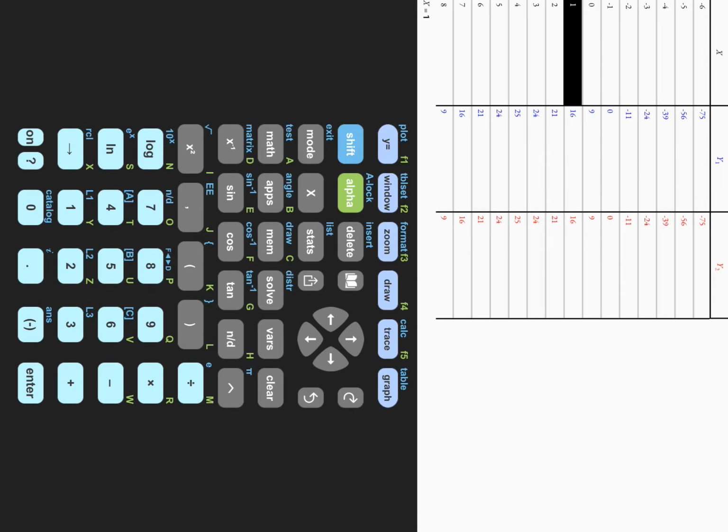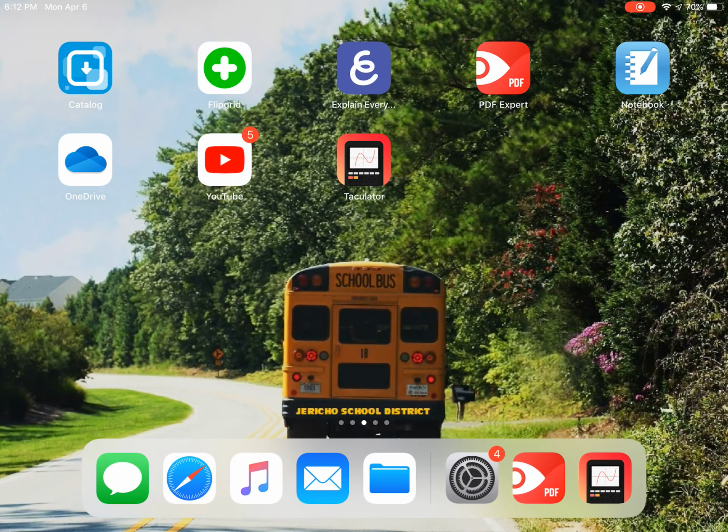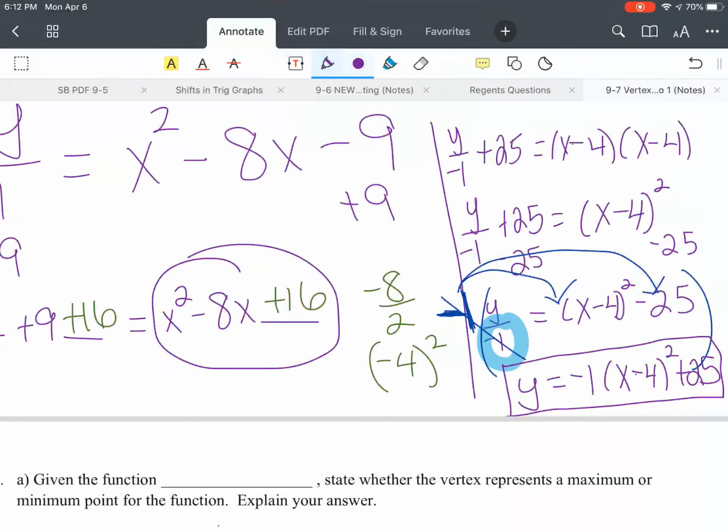Or when we look at the tables, they should all be the same. And they are, so we know that we did it right. So if we go back, the vertex of this one is 4, 25.